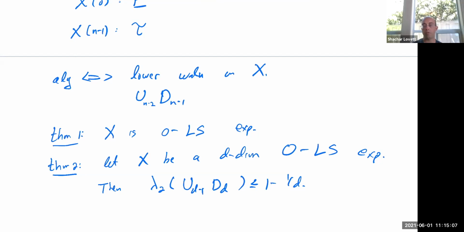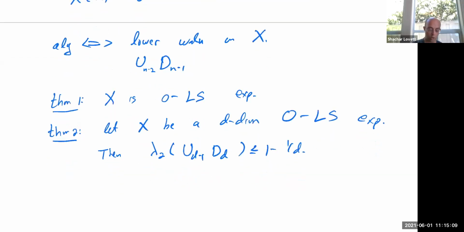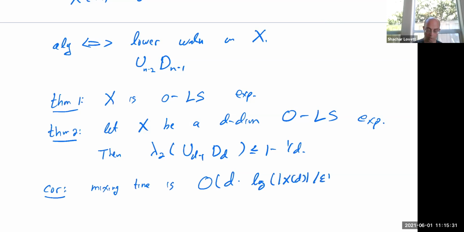So a corollary of that is that the mixing time is order of d, which is 1 over 1 minus lambda 2, times log of the size of the top level of the complex over epsilon.